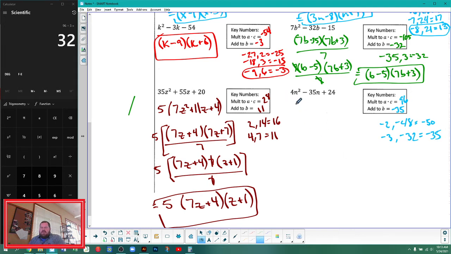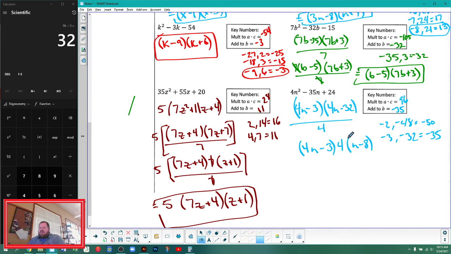So let's go ahead and write it using our Australian method. Let's say 4n minus 3 and 4n minus 32. And I'm going to have to divide all that by 4. No common factors in the first one, but I do have a common factor of 4 in the second one. So 4n minus 3 times 4 times n minus 8.